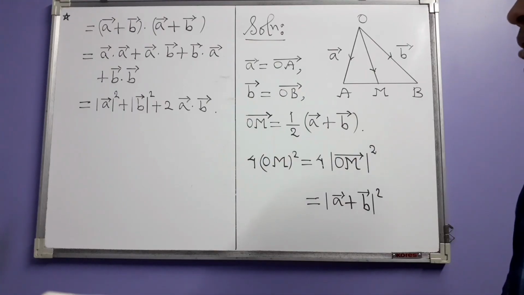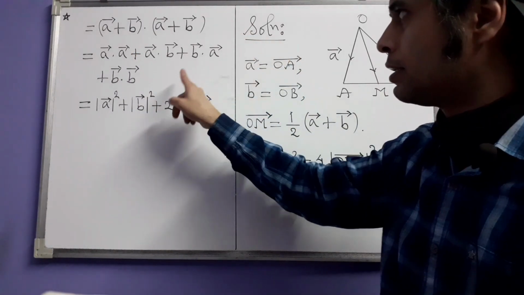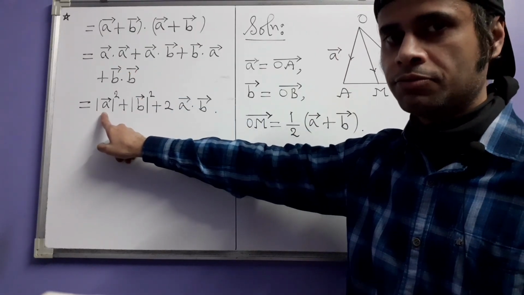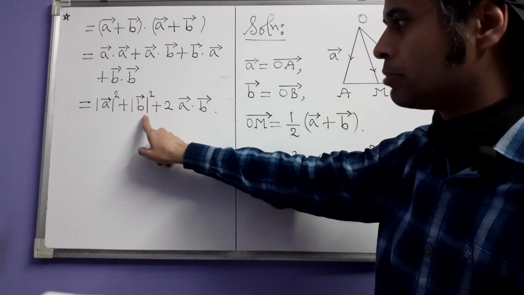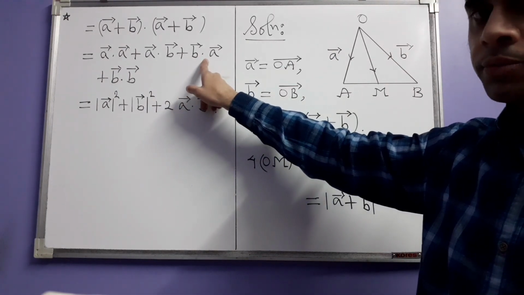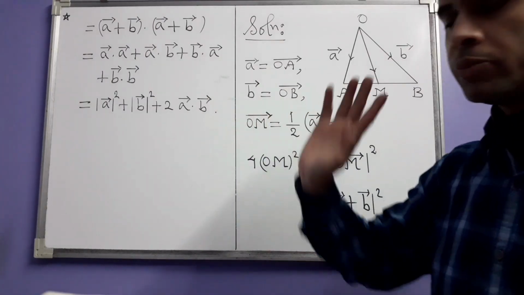And then what did we do? We again applied that same thing here and here. This equals the square of the magnitude of A, this equals the square of the magnitude of B. And if you use the commutative law, A dot B and B dot A are the same, so you get 2 times A dot B.